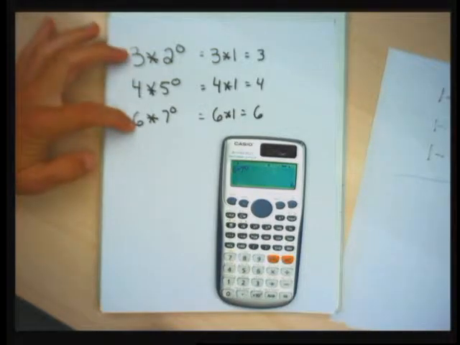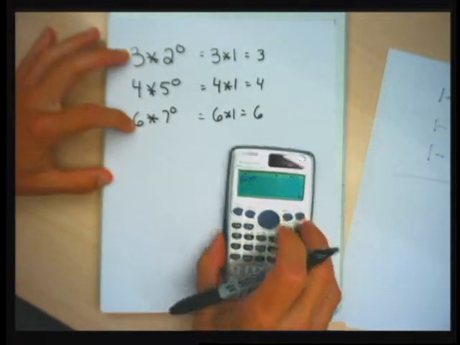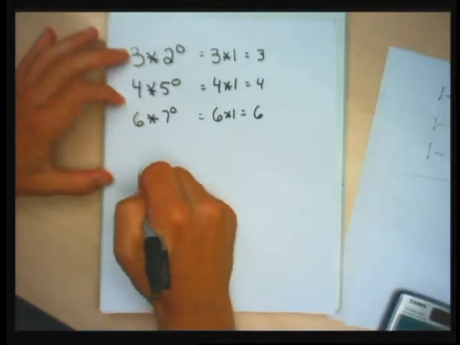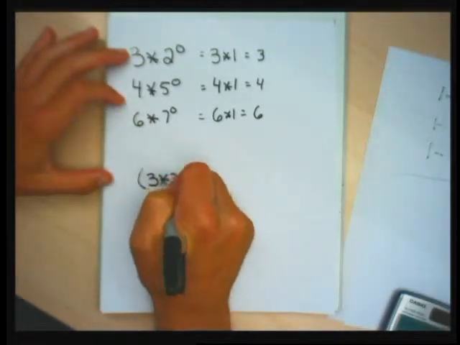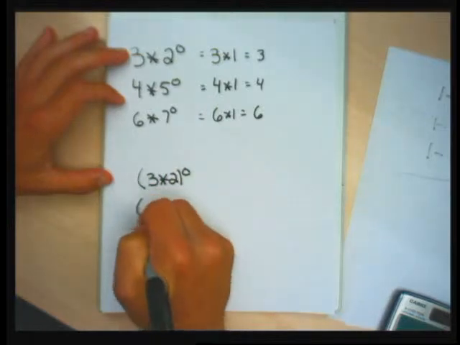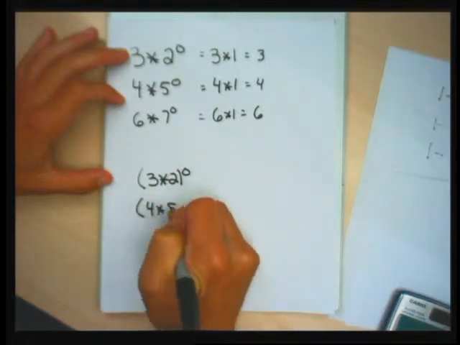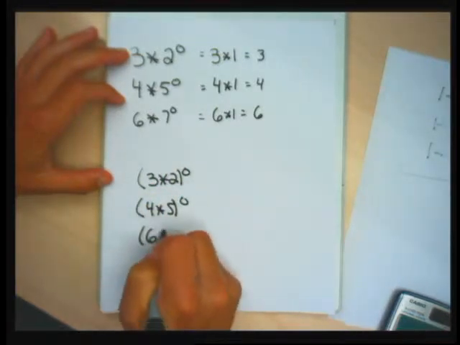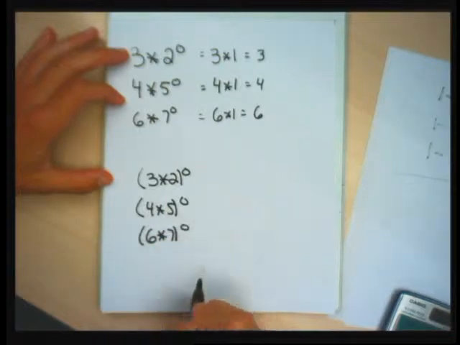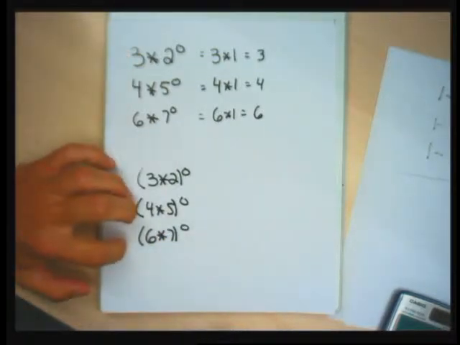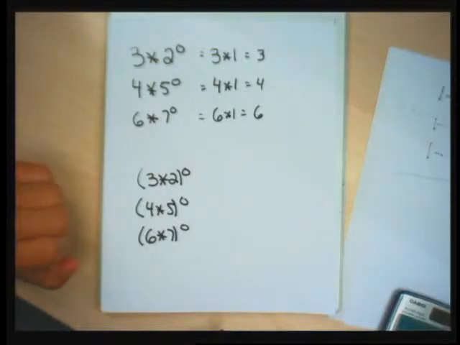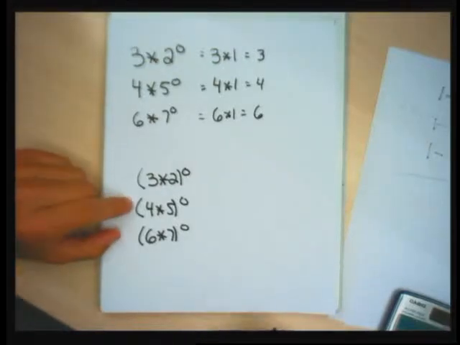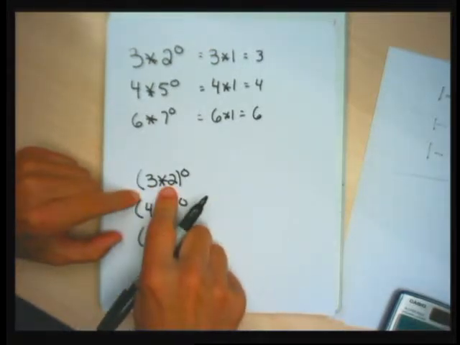If I took each one of these three problems and introduced a parentheses, I could change the results. So these three problems, with 3 times 2 to the 0 power, 4 times 5 to the 0 power, and 6 times 7 to the 0 power all in parentheses, are all equal to 1, because if I was doing order of operations and wasn't using my calculator, I do parentheses first before the exponents.